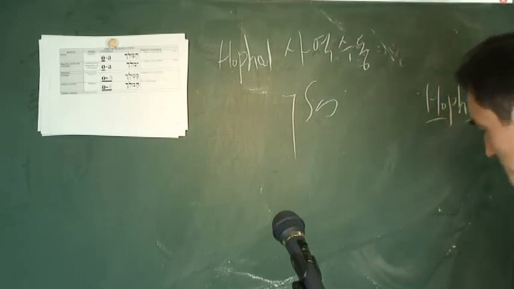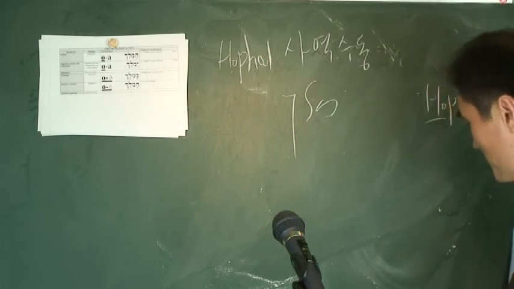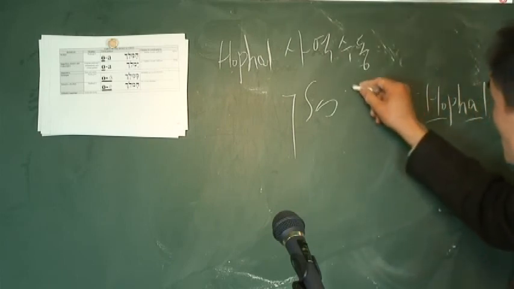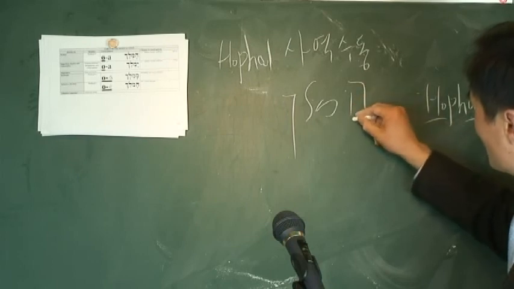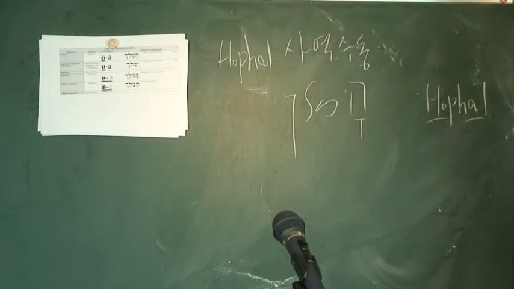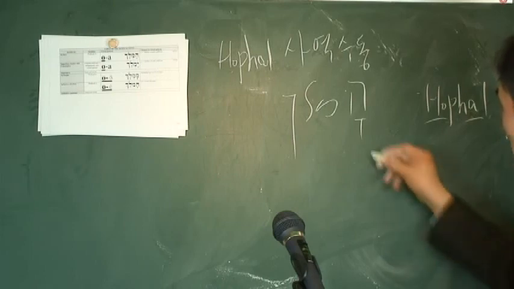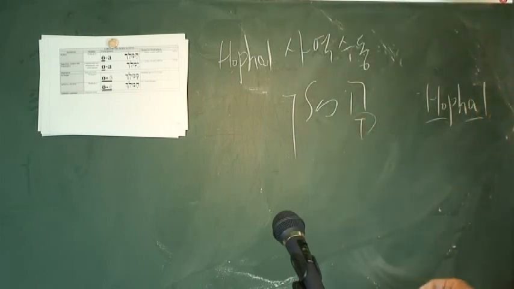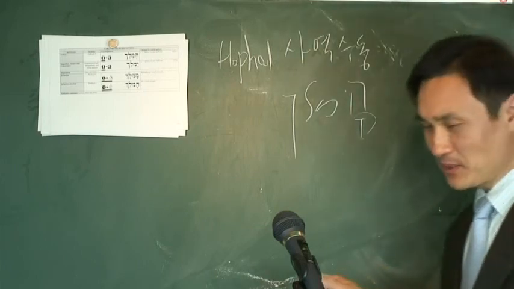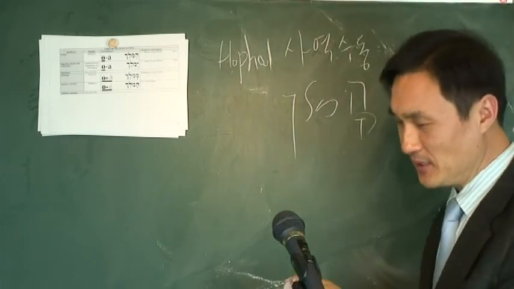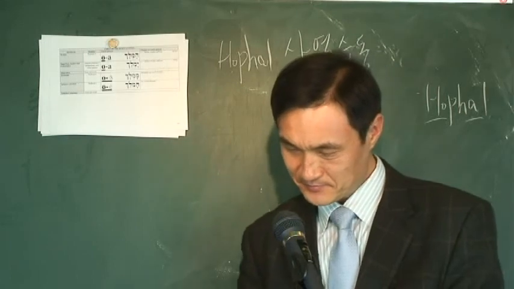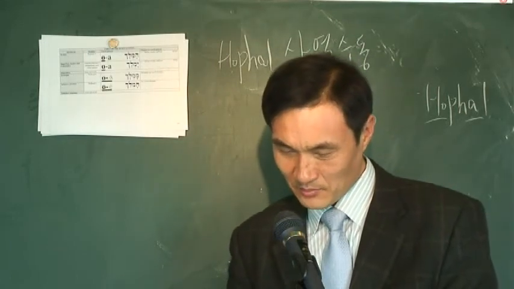We will get ho and a from hofal. We can find the model of the perfect form of the hofal verb. Ho is he and kametz. However, this is not kametz.